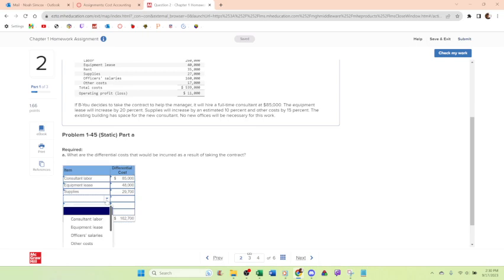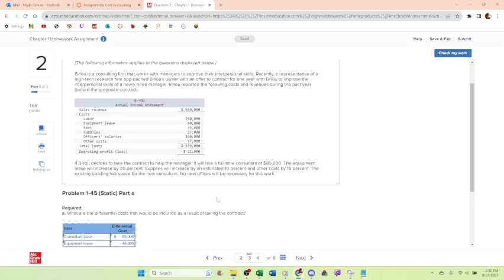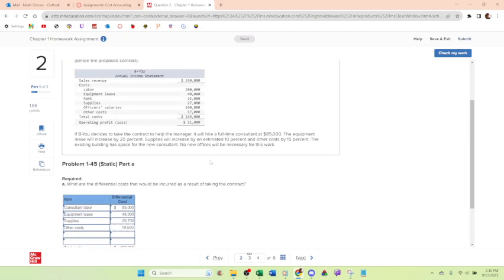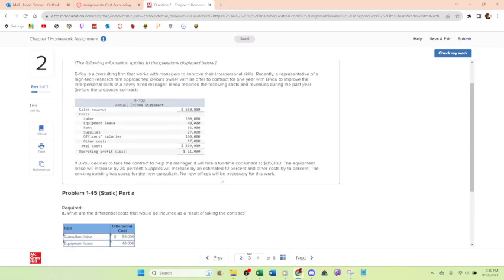Other costs will be increased by 15%. 19,550. So, existing building. Okay, so that's it, right? That's pretty much it.